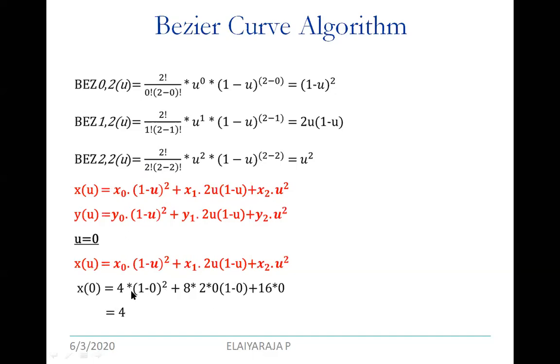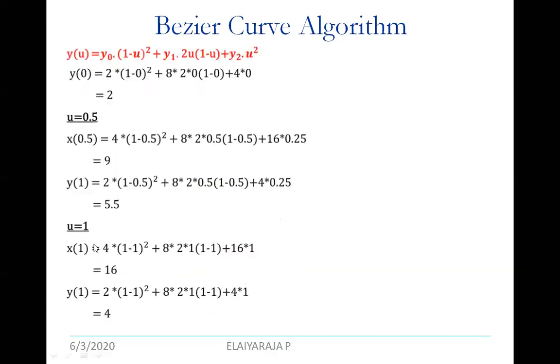So 4 into 1 minus 0 whole square, you will get 4 here, and here 1 minus 0 into 0, the value is going to be 0, and here the u value is 0, so here also it is going to be 0. So 4 plus 0 plus 0, you will get 4 as x of 0 value at the initial position control point, u equal to 0.